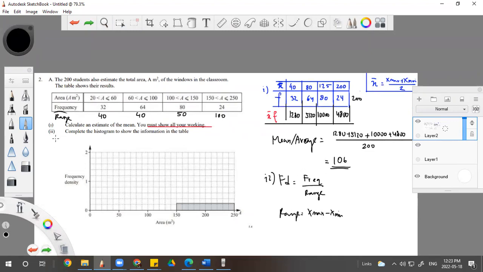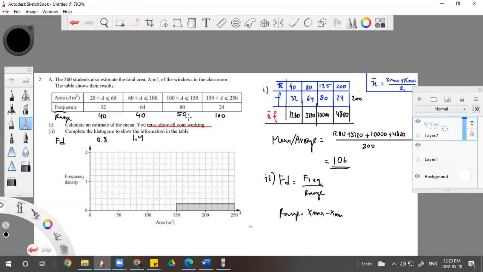frequency density one by one. So frequency density, put it here. Frequency over the range, 32 over 40, right? 0.8, 64 by 40, 1.6. Oh, wait. 1.4, okay.